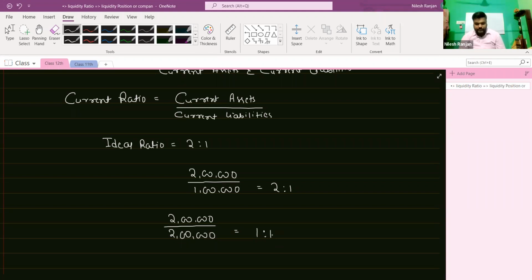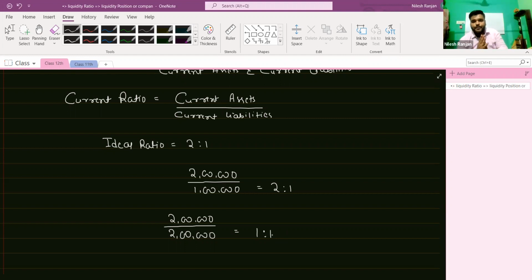Why? If our current assets are equal to current liabilities, then current assets will take some time to get converted into cash. Yes or no? Because current assets include inventory, which means stock, and debtors, which means persons to whom we sold the goods on credit.